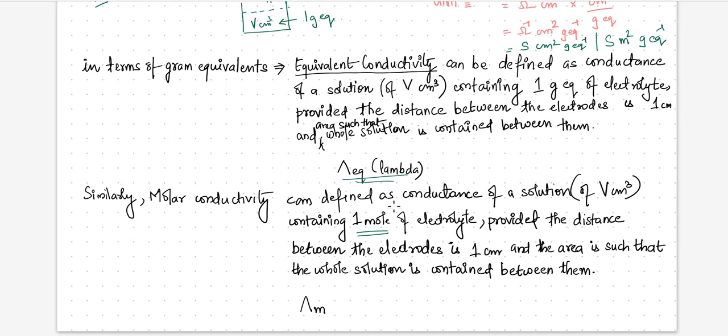Molar conductivity can be defined as the conductance of a solution of volume V cc containing, now here it was 1 gram equivalent, but now it is changed to 1 mole of electrolyte, provided the distance between the electrodes is 1 centimeter and the whole of the solution is contained between the two electrodes.